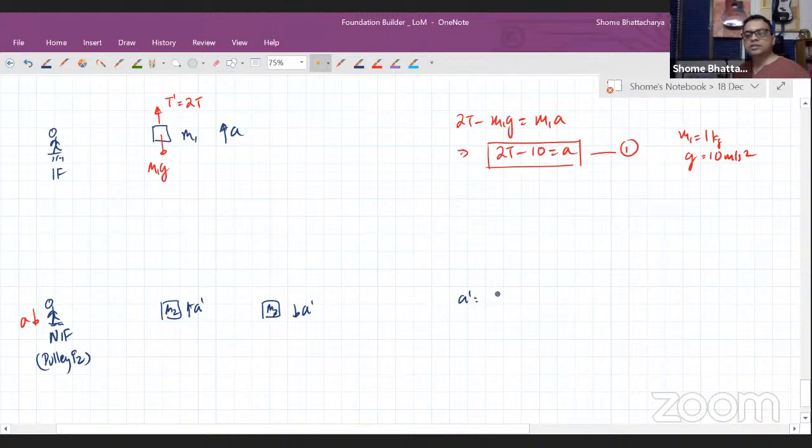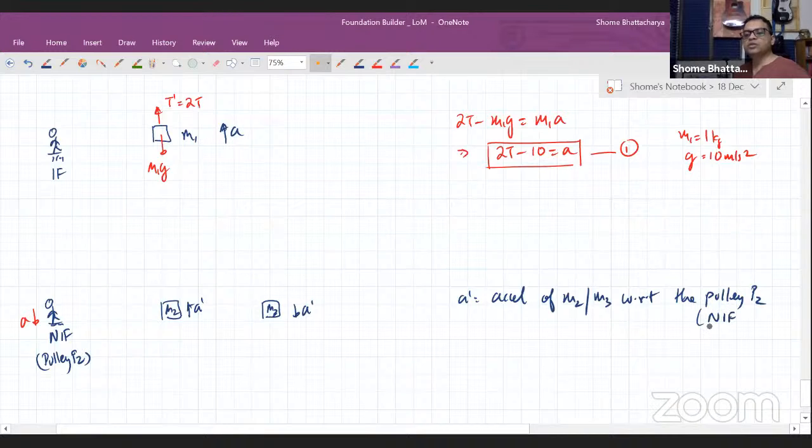A prime is the acceleration of M2 or M3 with respect to the pulley P2, that is, in the non-inertial frame of that pulley. Okay, so first of all, in that I have to show pseudo force. So pseudo force is M2A for this one, M3A for this one. Pseudo force is always opposite to acceleration.